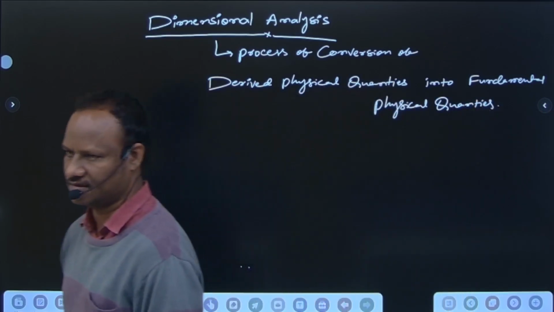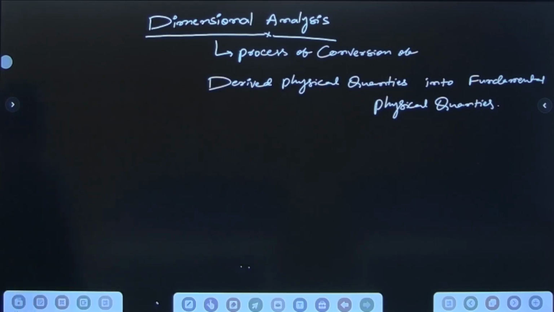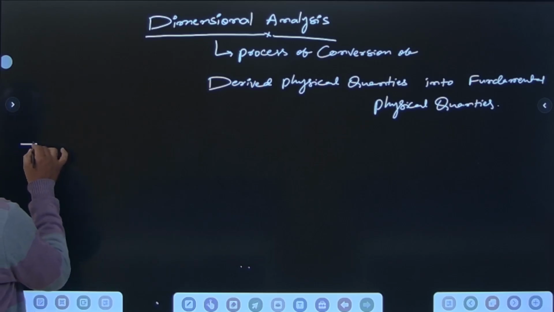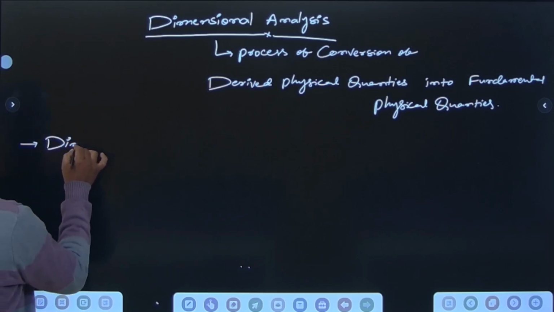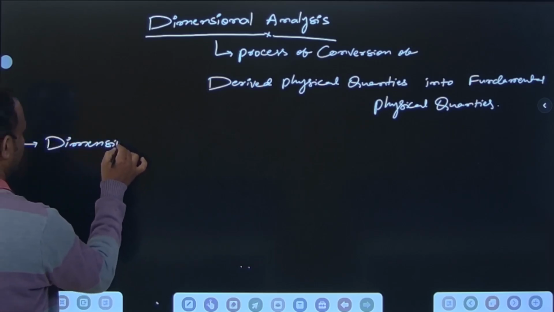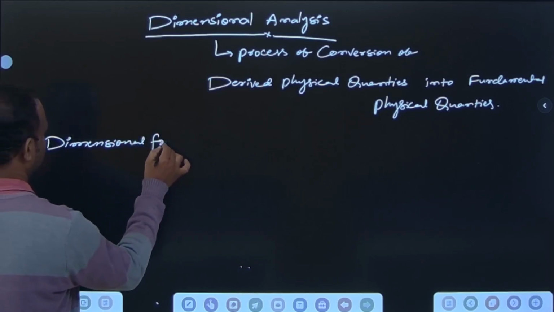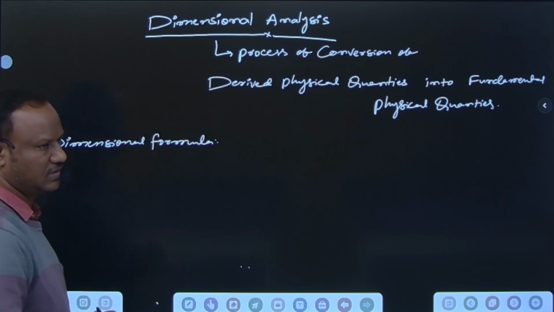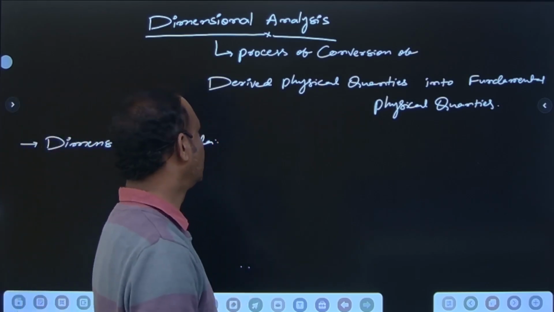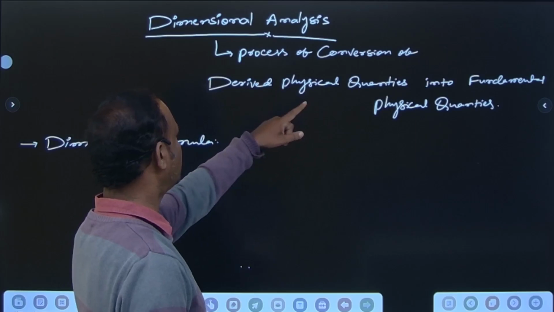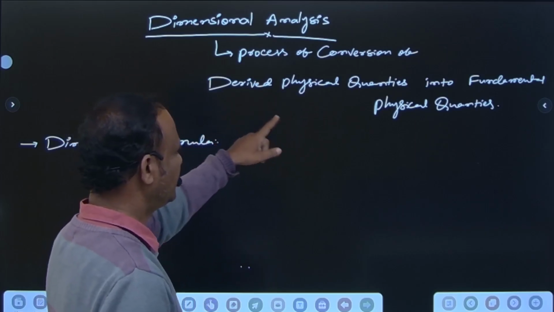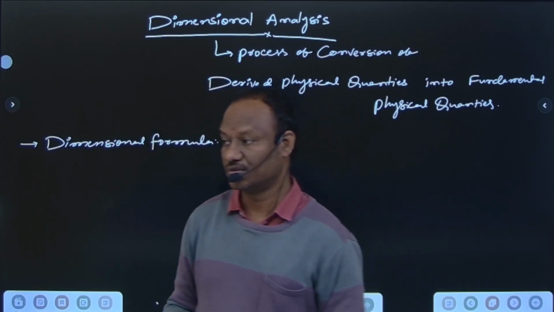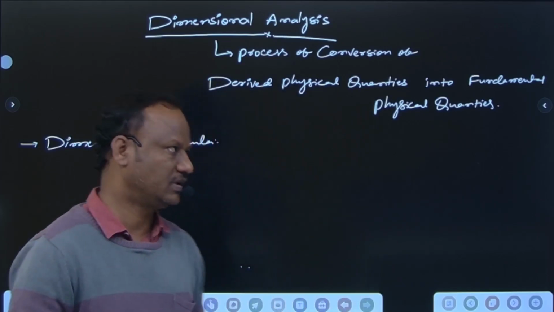The process of converting derived physical quantities into fundamental physical quantities is called dimensional analysis. For this, we have the dimensional formula. What is the dimensional formula? It is just the powers of fundamental physical quantities, converting secondary physical quantities into primary physical quantities.